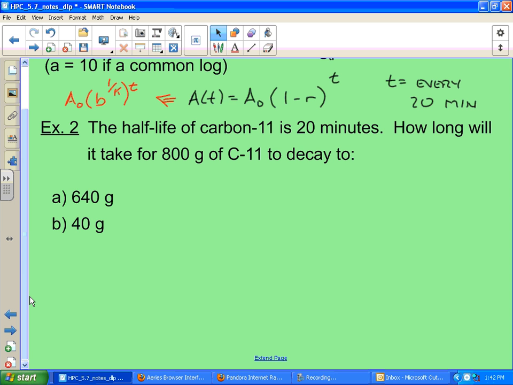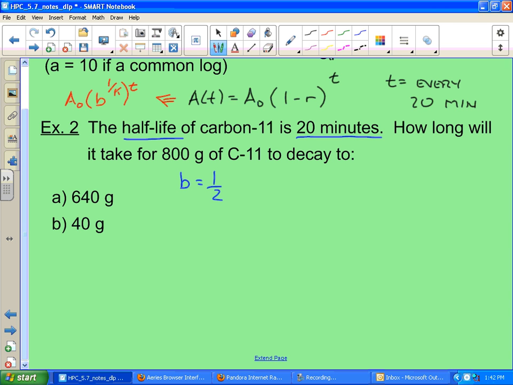So remember the BTK problems happen when you were looking for a change to the original amount, A sub 0, and then a period that tells us how long that happens. So in this problem, if we have a half-life, that's our B. And it's halving every 20 minutes, so that's our K. 20 minutes.